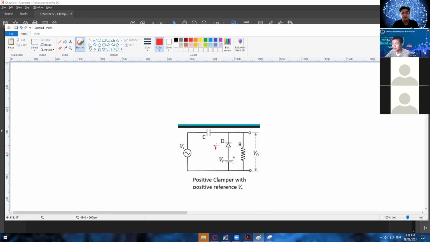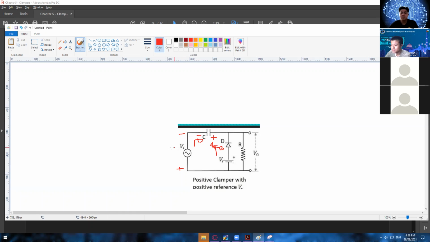So during the forward bias connection, we have here a negative to positive. From here to there, it's forward bias, and from here to there, it's also forward bias since positive is connected to positive and negative to negative. So in here, this capacitor will be negatively charged and then positively discharged by this VI.